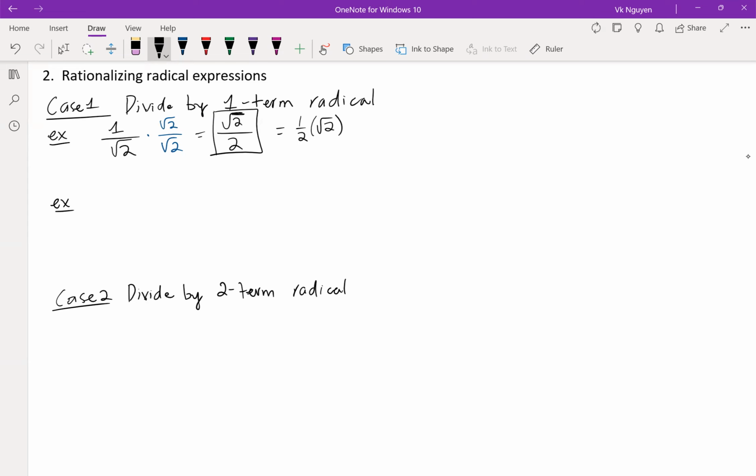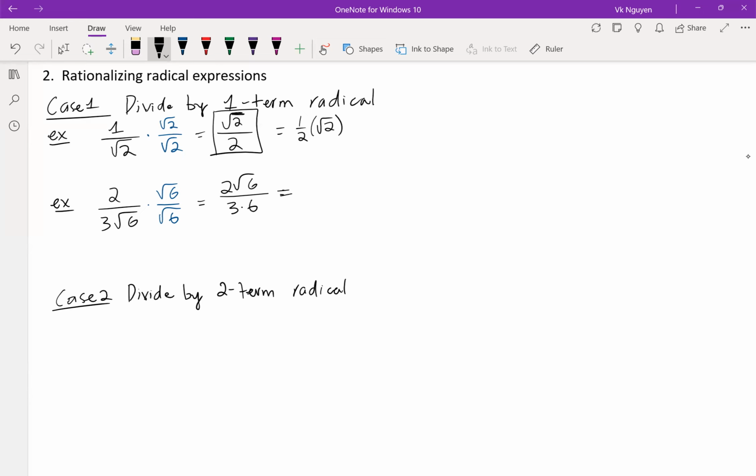Here comes another example. 2 over 3 root 6. Well, we have the radical root 6. Can I get rid of it? Multiply by root 6. On the top it's going to be root 6. So we have 2 root 6 over 3 times 6.